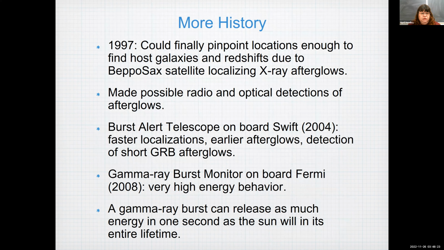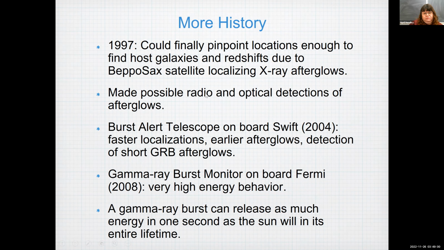So anyway, by about 1997, we could start pinpointing the locations enough that we could find host galaxies and redshifts. That was mainly due to a satellite called BeppoSAX, basically finding the X-ray afterglows. Since we can resolve images in X-ray better than in gamma rays, we could get a better location.